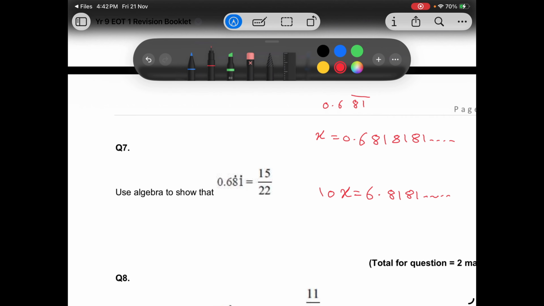Okay, and one more thing, I need the recurring part to be exactly the same, so I need to free these three guys and make the decimal here, okay, then I need to multiply by 1000. So it will be like this, 1000x equals 681, then 8 1 8 1 to the rest of life.